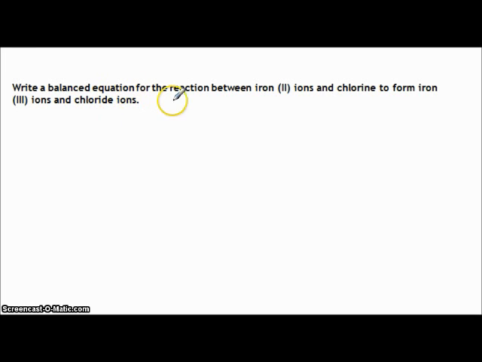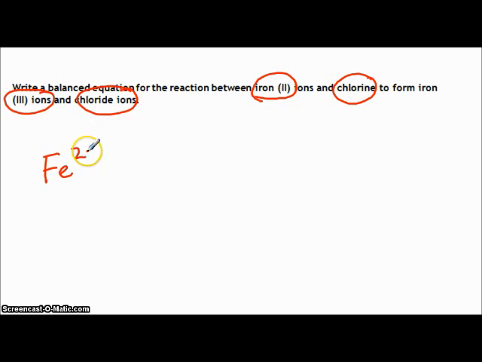We're asked to write a balanced equation for the reaction between iron 2 ions and chlorine to form iron 3 ions and chloride ions. So let's start. Iron 2, that's Fe2+, and that's reacting with chlorine.